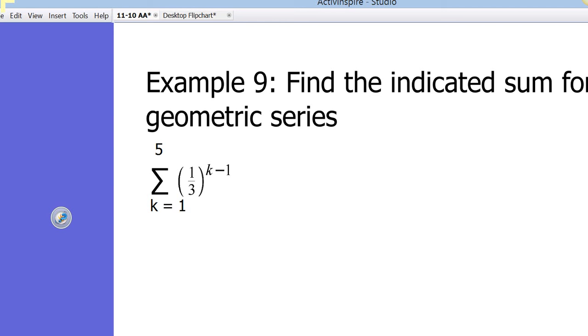Now, you can add them up or you could do the formula. Watch. S of 5, what's the first term? 1. 1 minus. What are we multiplying by every time? Where's my highlighter? 3.